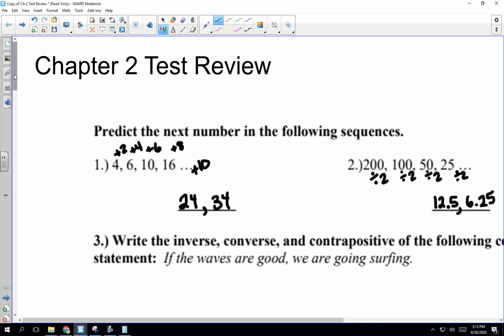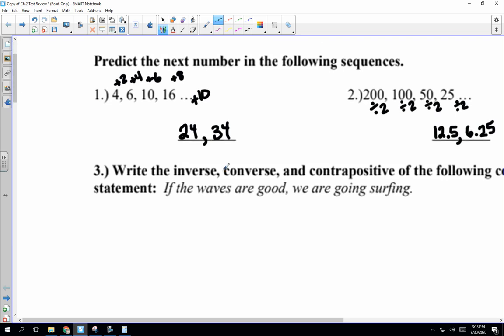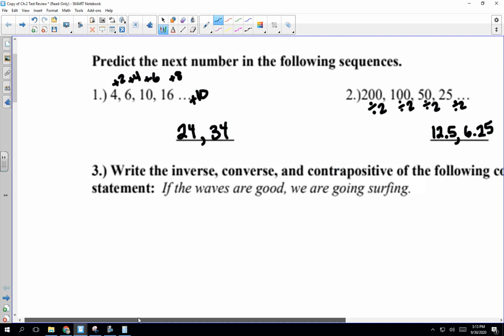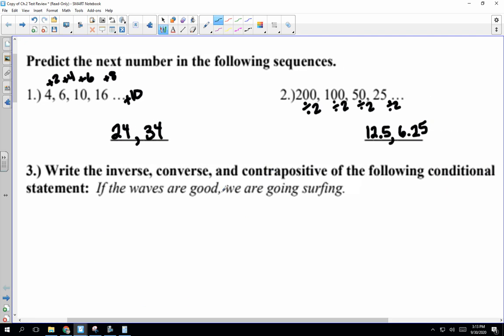Awesome. Okay. So number 3, we're going to write the inverse, converse, and contrapositive for the conditional statement. If the waves are good, that's a hypothesis, we are going surfing.